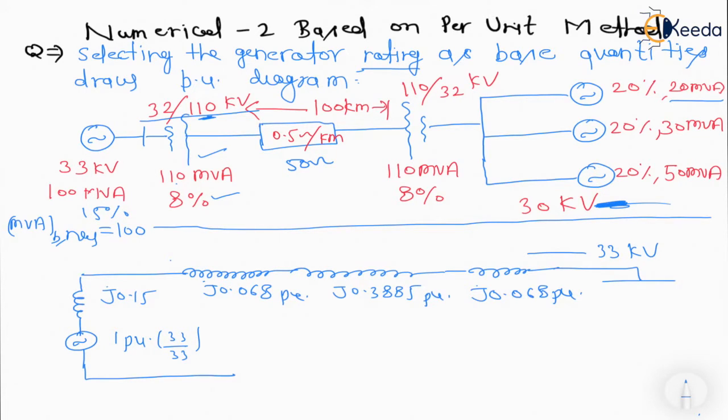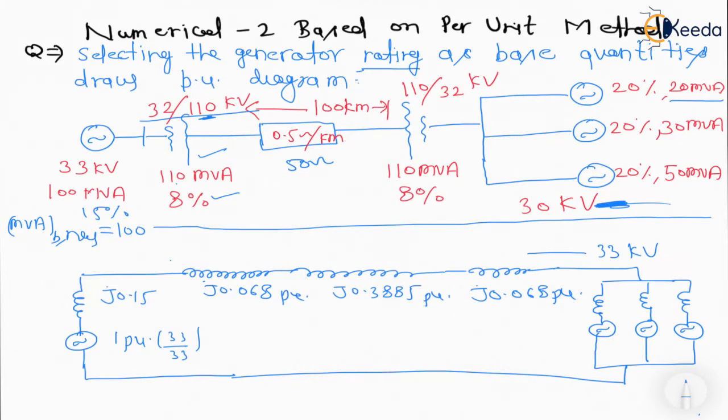And again the motors. For motors we need to take care of one point, that is the per unit value of the voltage of the motors. We have calculated all the values. For the first motor it was J 0.826.